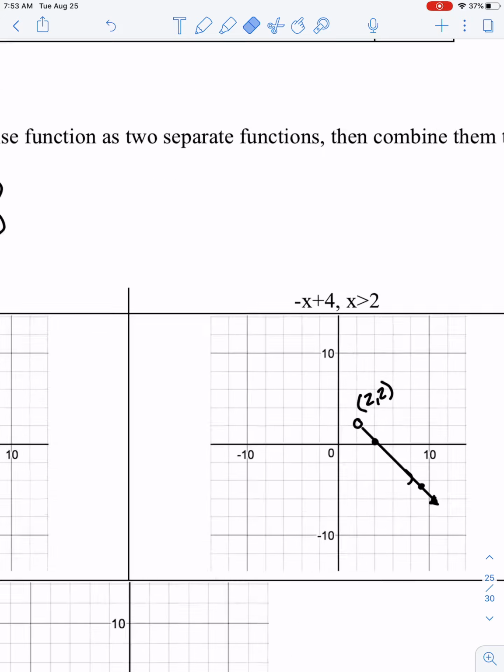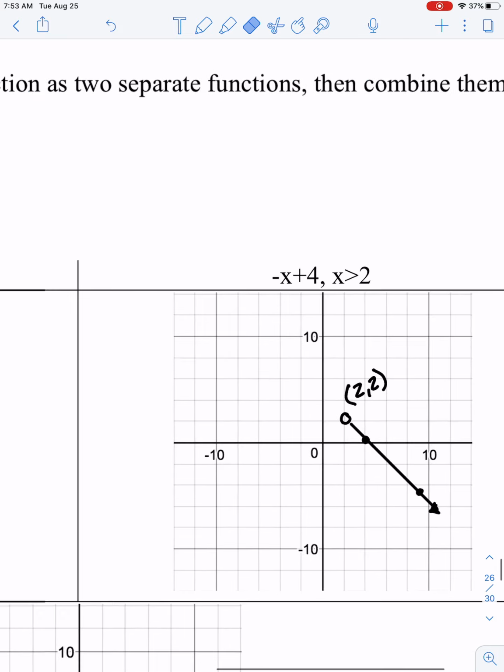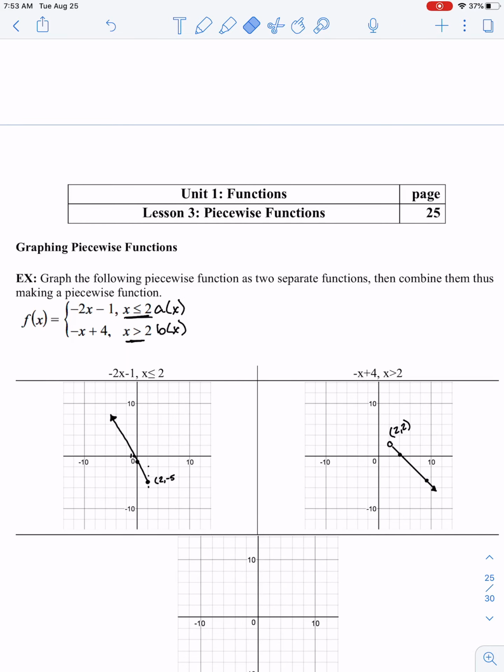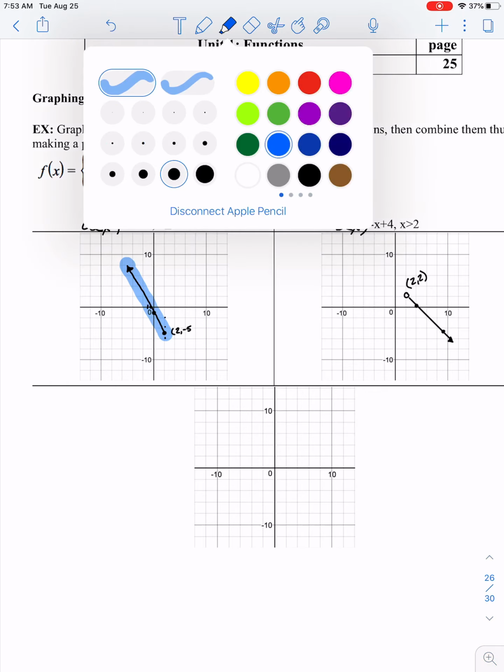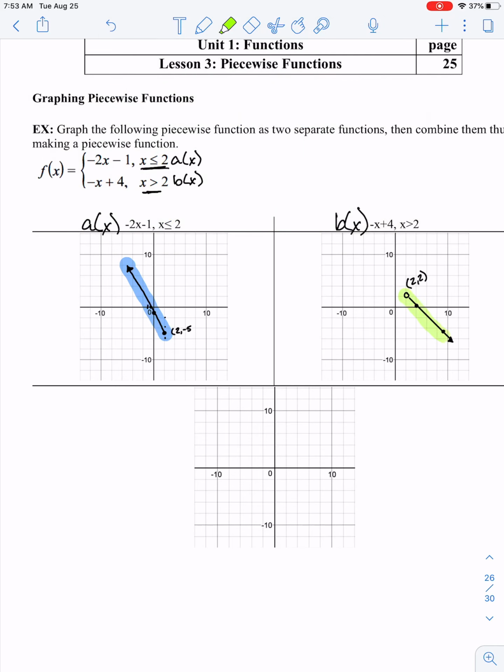The reason I do this is because I would recommend graphing one function at a time and then putting them both together. And just for simplicity's sake, I'm going to color this one blue, and I'll color this one green.